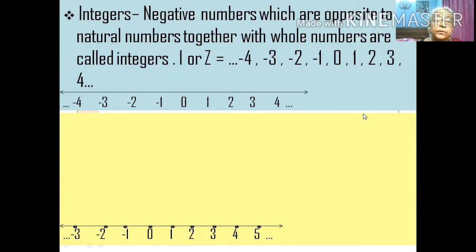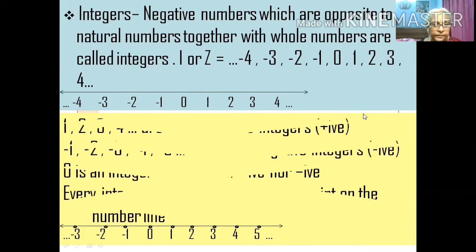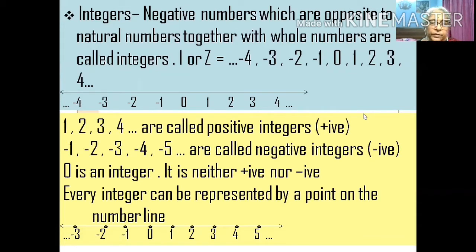And this is shown on the number line also. The number line has both sides; the arrow mark means it can be extended on both sides. 1, 2, 3, 4 are called positive integers, and minus 1, minus 2, minus 3, minus 4 are called negative integers. 0 is an integer, but it is neither positive nor negative.